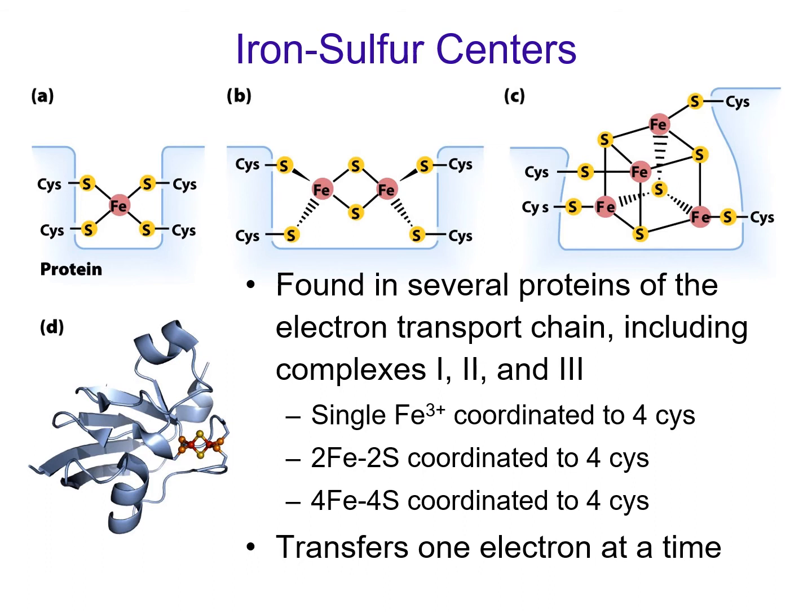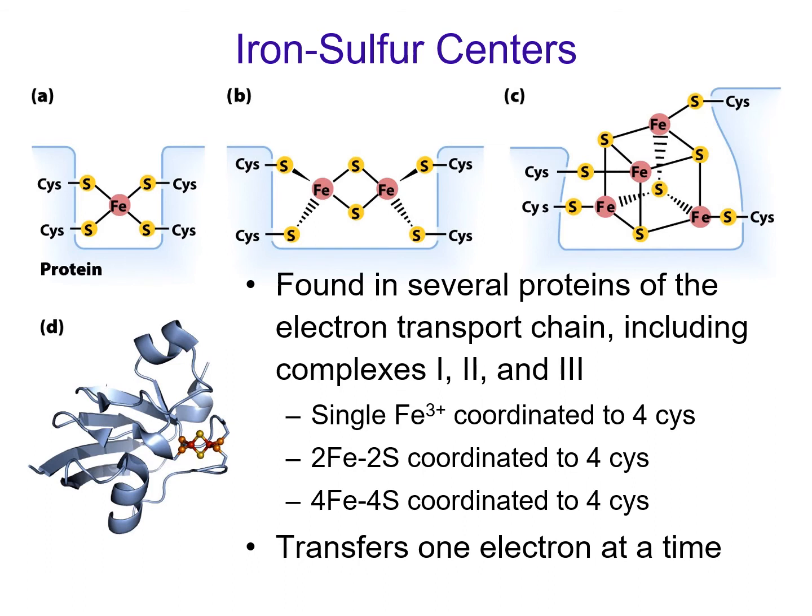They're found in several proteins in the electron transport chain, so we'll see these iron sulfur centers in complex 1, 2, and 3. And they basically are bonded to cysteines, have irons and sulfurs. You don't have to know too much about this, but irons and sulfurs bonded to cysteines within the enzyme complex. These can only take one electron at a time, so we'll go through many iron sulfur centers, taking those 2 electrons one at a time.